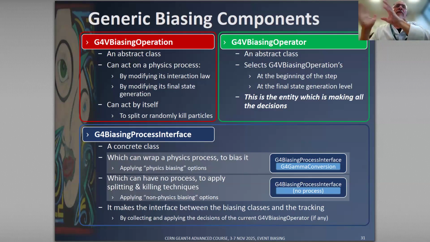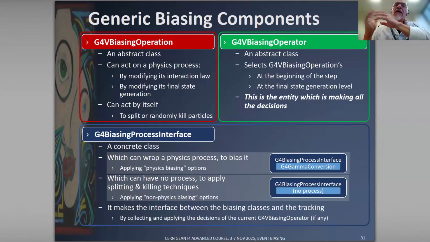So this is to set up the biasing, and then to have that working inside Geant4, we have this biasing process interface, which will talk to these classes and make the interface with the tracking. You can give this biasing process interface a process.